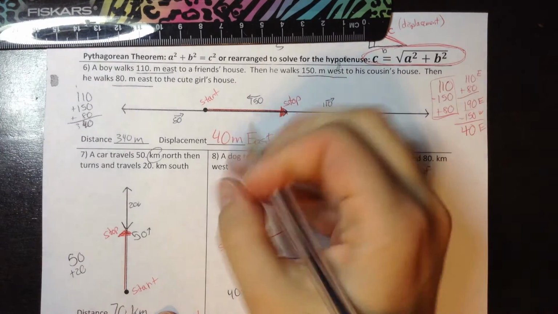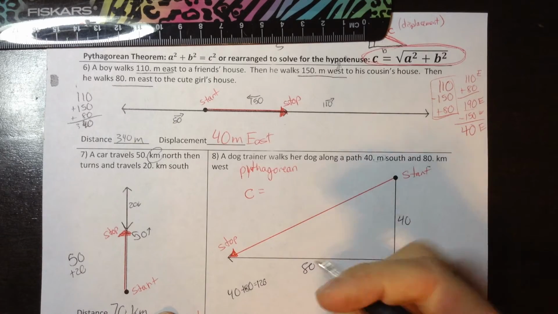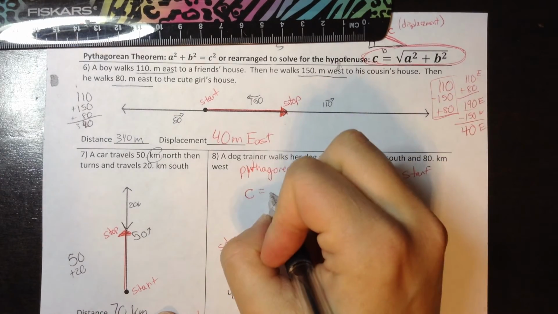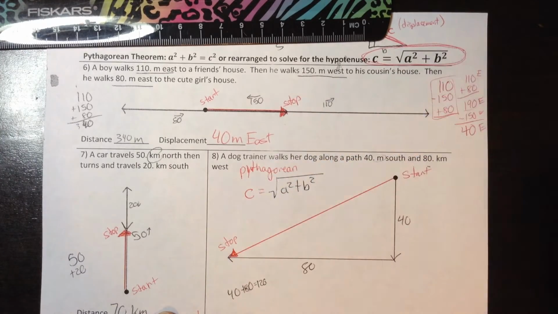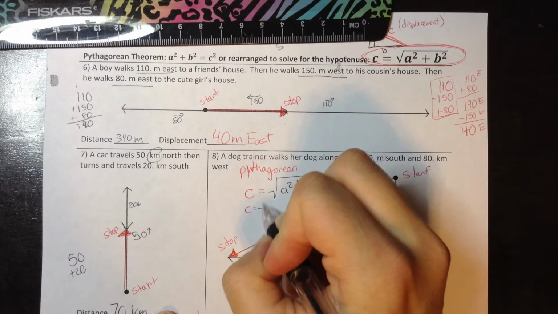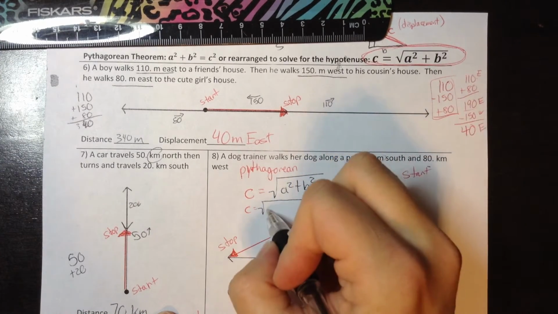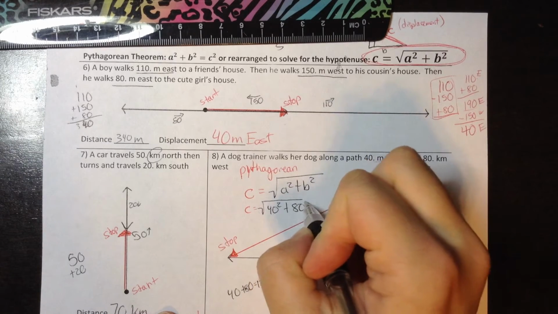We're trying to solve for C, the hypotenuse, our displacement, and it's the square root of a squared plus b squared: 40 squared plus side b, 80 squared.